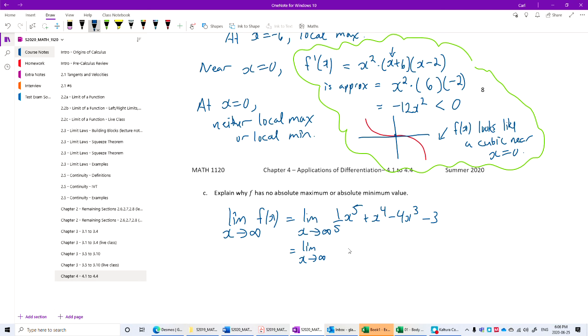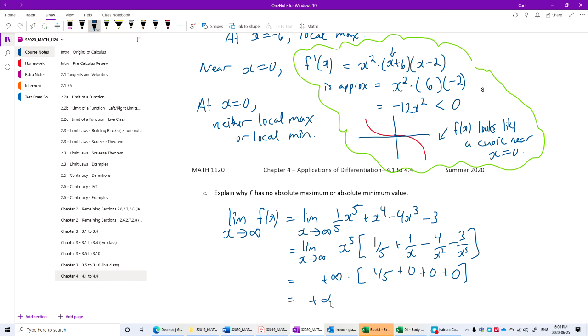Well, one thing I can do is factor out x to the power of 5 out of all of these things. So what happens is I get 1/5, and this will become 1 over x. This will become 4 over x squared. This becomes 3 over x to the 5th. And I can see that this first factor tends to plus infinity, and the rest of this goes to 1/5 plus 0 plus 0 plus 0.